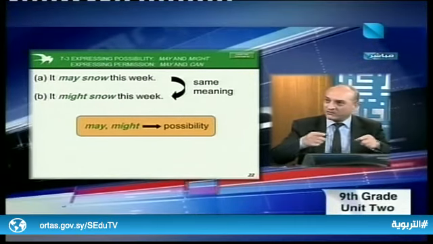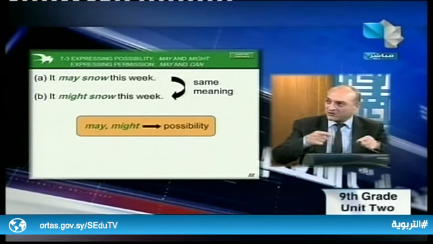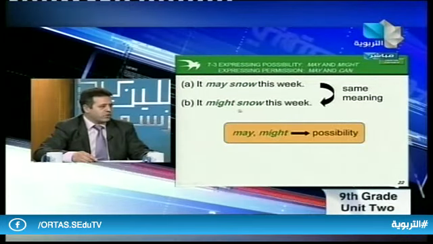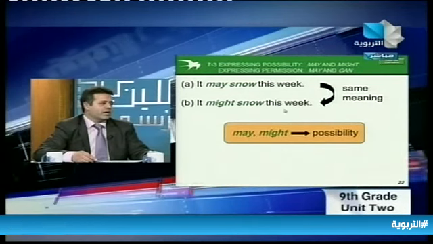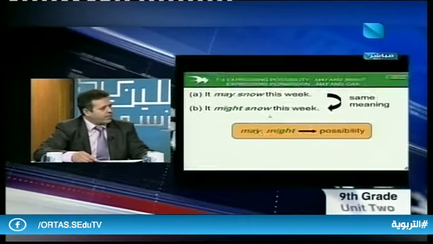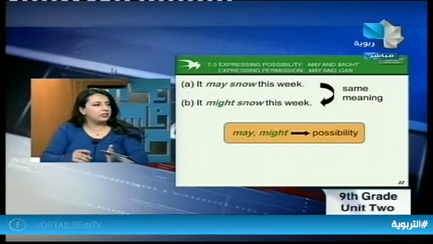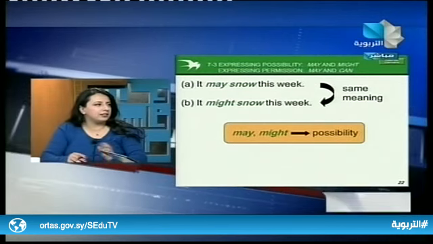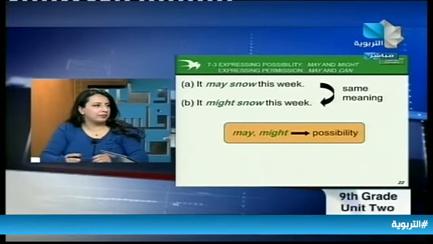We can use it instead of may to talk about the present, not about the past. So we can use may and might to talk about the present. But if we want to talk about the past, we have to use might only. When we use might, the possibility is a little bit less. Exactly.